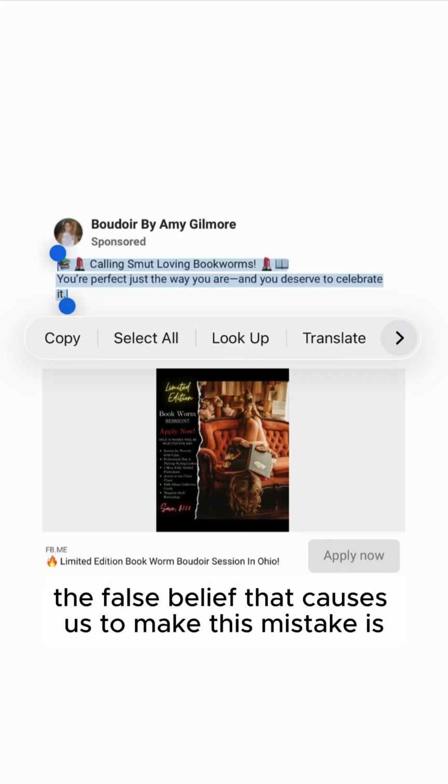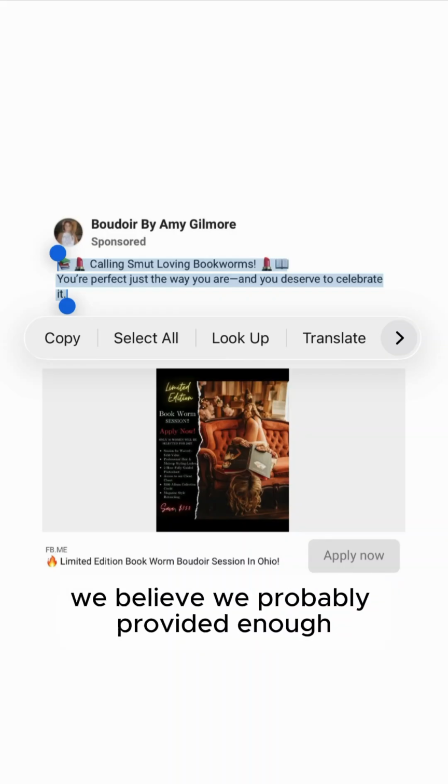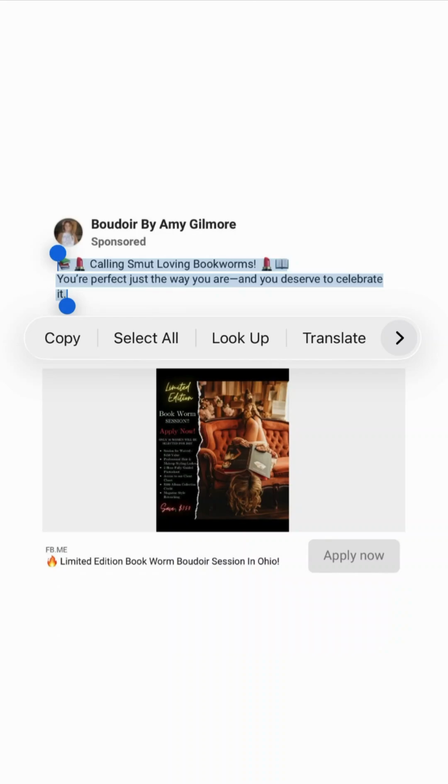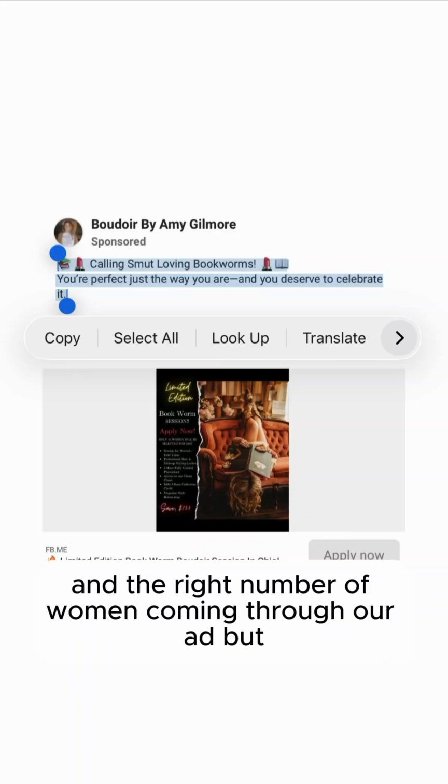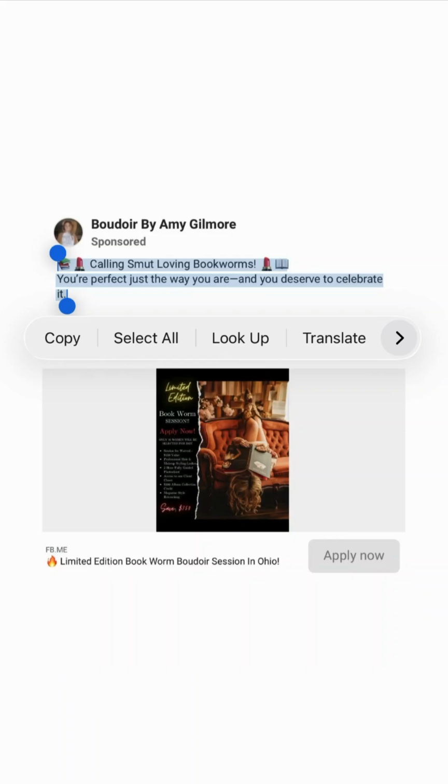The false belief that caused us to make this mistake is we believe we provided enough context to maximize and optimize the number of women and the right number of women coming through our ad, but we didn't do that.